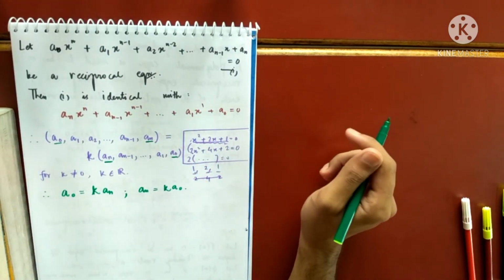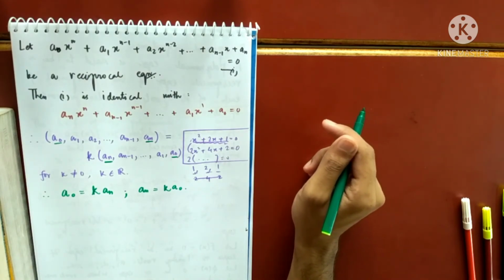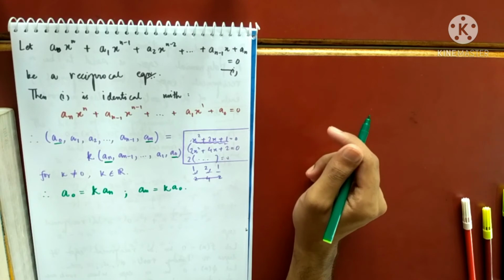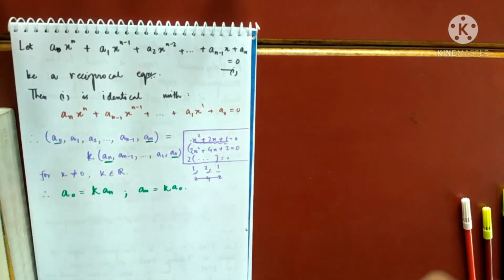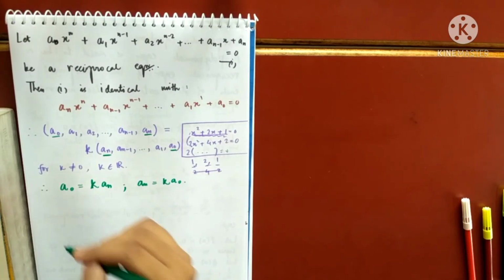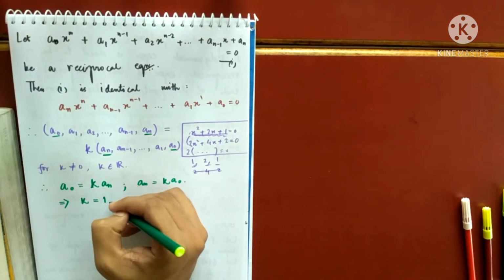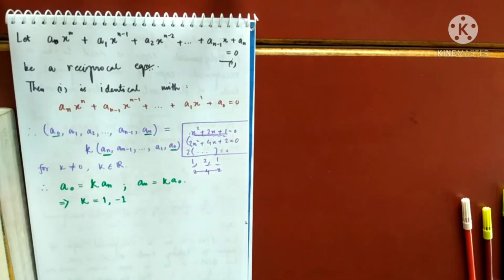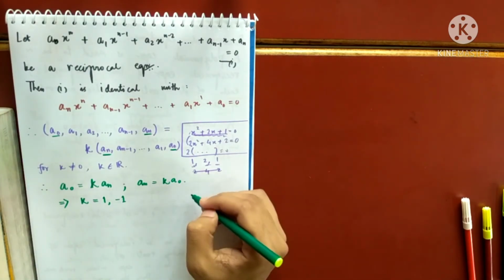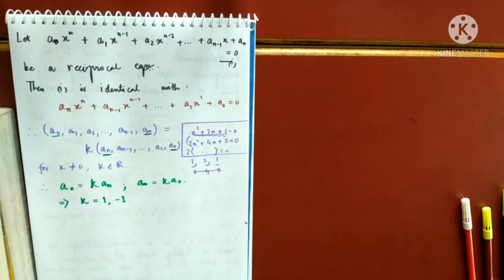So you tell me, what can you say about k? From here you should get k equals 1 or minus 1. You see how? You have a0, you can just derive it from here. Why the only possible values of k are 1 or minus 1, you can see from here.